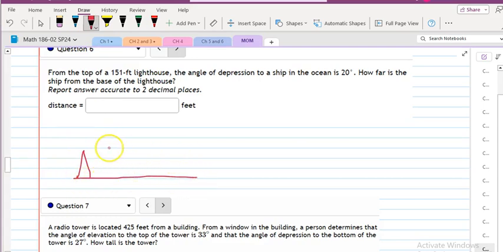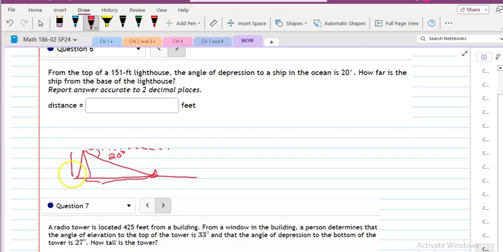The angle of depression to a ship. Look down, depression, right? So this would be horizontal, depressed by 20 degrees. This is the boat, okay? The boat in the ocean is at 20 degrees. So this is the 20 degrees. How far is the ship from the base of the lighthouse?